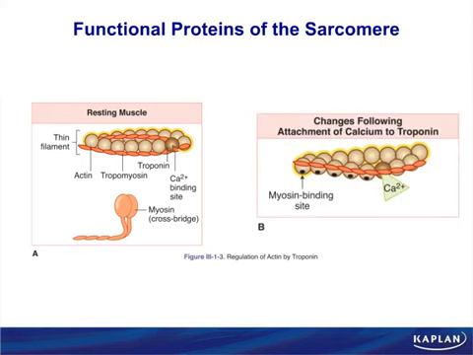Now, when calcium goes up, it's going to bind to troponin C, which is going to roll the tropomyosin molecule out of the way and expose the myosin binding sites on actin. And that's what's illustrated in the figure that just came in. So again, myosin has binding sites on the actin molecule, but they are covered by tropomyosin in the resting state. What's going to uncover them will be a rise in cytosolic calcium.